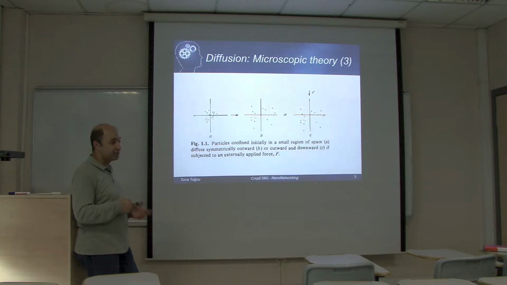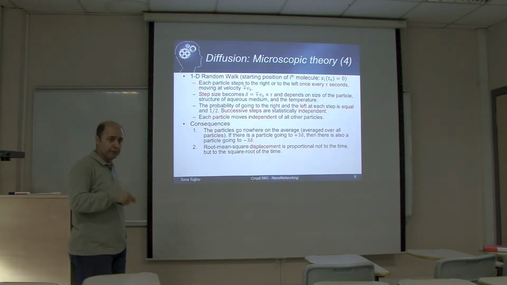They're still spread around, but there's more bias towards the -y direction. For example, if there's some inclination, or some flow in the aqueous environment, the molecules will be spread around, but more towards the -y direction. But if there is no bias, as in case B, they will be spread in all directions. Again, this is for 2D. If you consider 3D, they would also be spreading in the third direction.